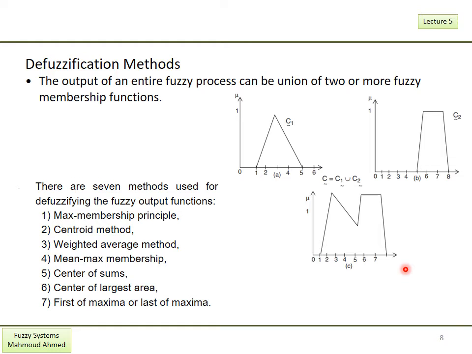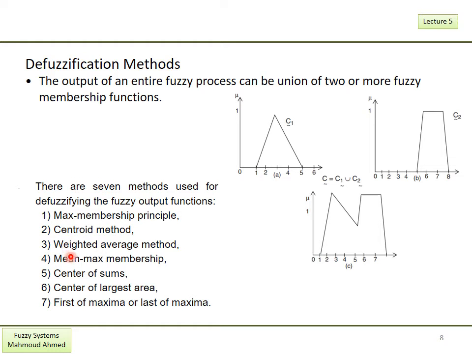In order to defuzzify the given fuzzy membership function to an absolute value, we have to introduce 7 methods in detail. The first method is called the maximum membership method. The second one is the centroid method.